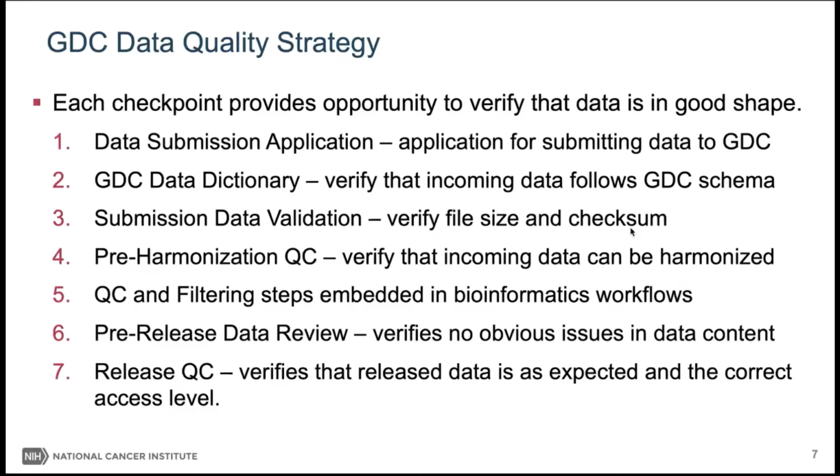Then the QC and filtering steps that are embedded in bioinformatics workflows, the pre-release data review that verifies that no obvious issue exists in the data, and release QC. This is the very detailed QC that verifies that the data we release is as expected, and of course the correct access level.